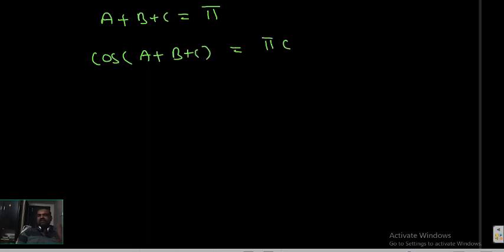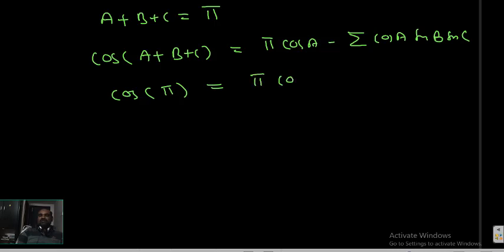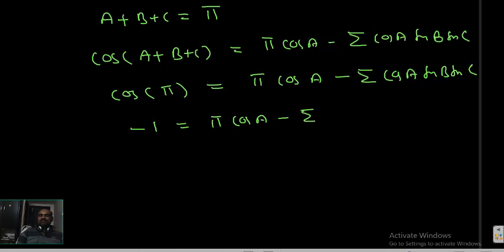Pi cos A minus sigma cos A into sin B into sin C. Cos of pi equal to pi cos A minus sigma cos A into sin B into sin C. This is minus 1 equal to pi cos A minus sigma cos A into sin B into sin C. What I want?